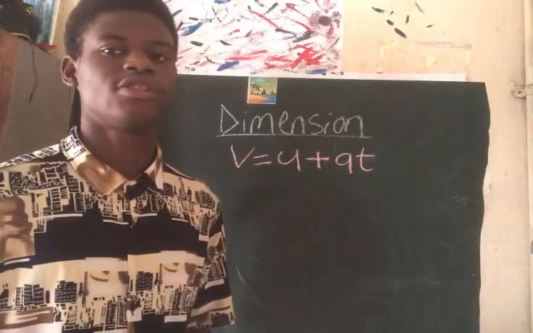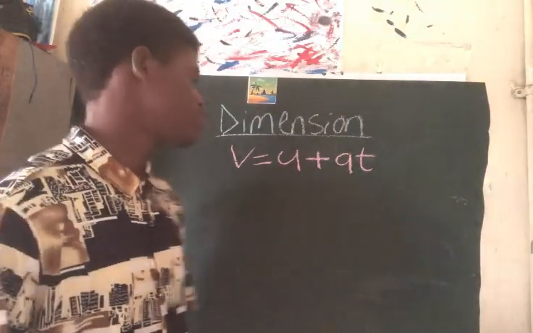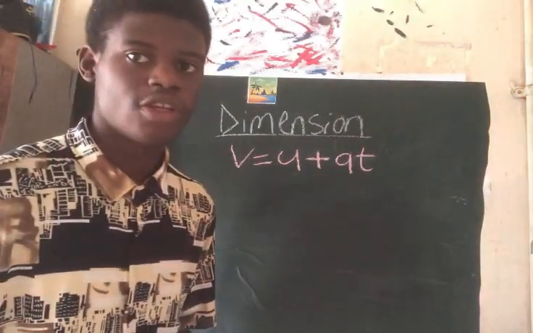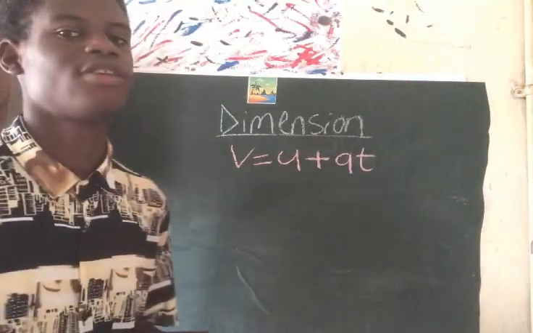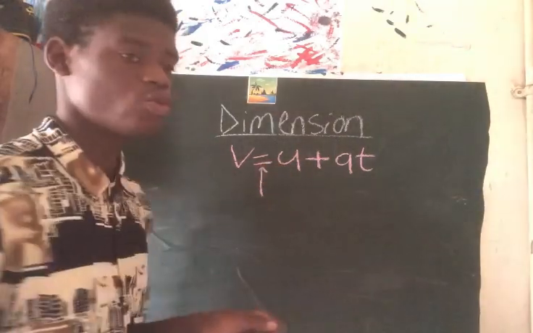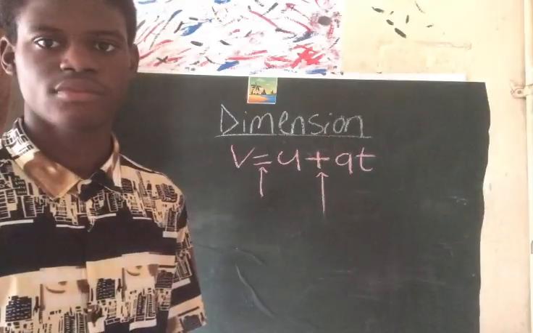And using this, there's the principle we call the principle of homogeneity. It states that the dimensions of two quantities are going to be equal if they are separated by the sign is equal to or by plus. Understand?